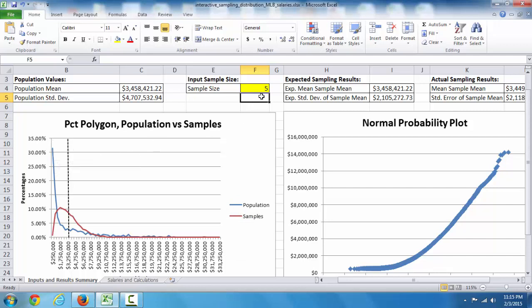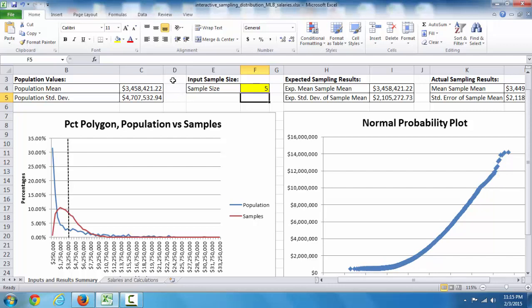So you can see here with 10,000 samples of size 5, the population distribution is very skewed, but already the sampling distribution is starting to look a little bit like a bell-shaped curve. And if we go over here to the normal probability plot, it's getting a little bit straighter.